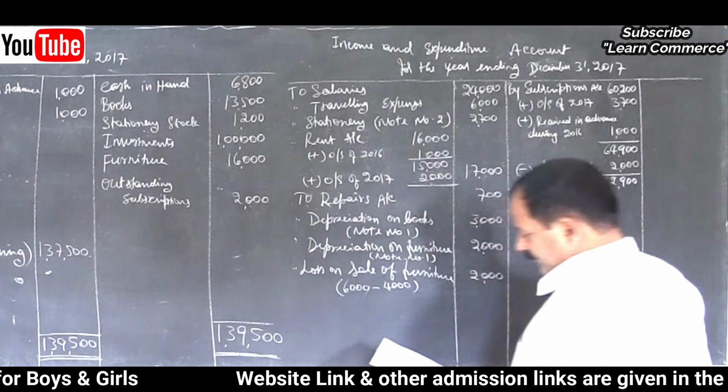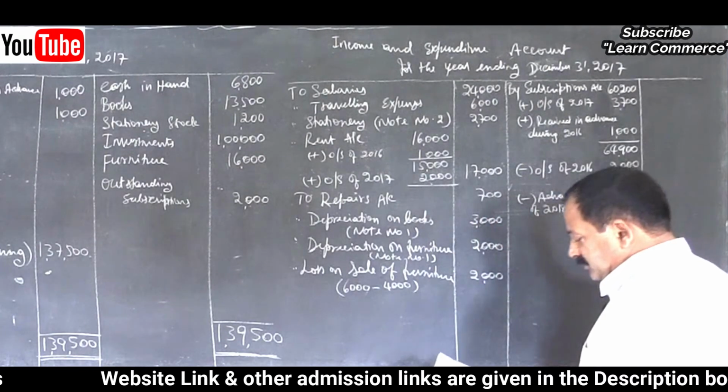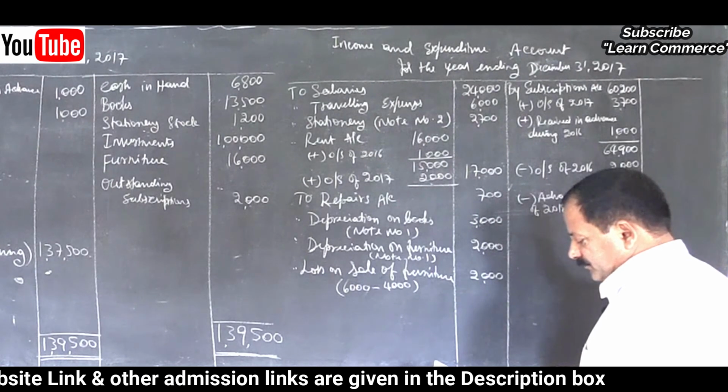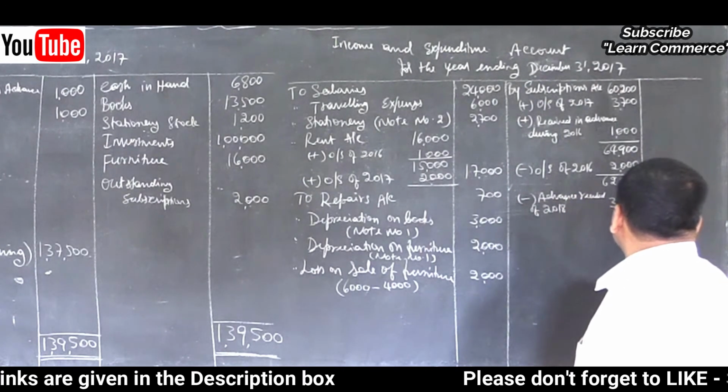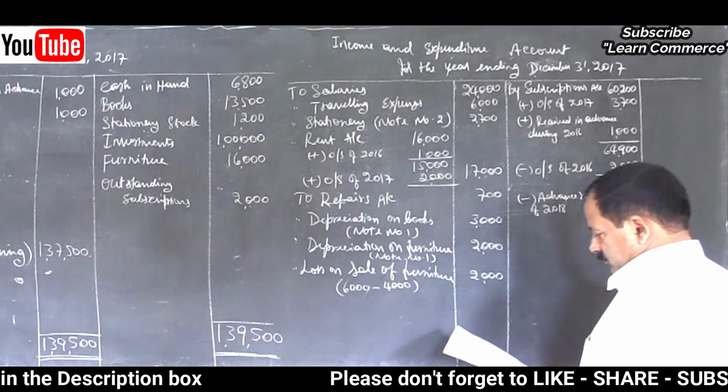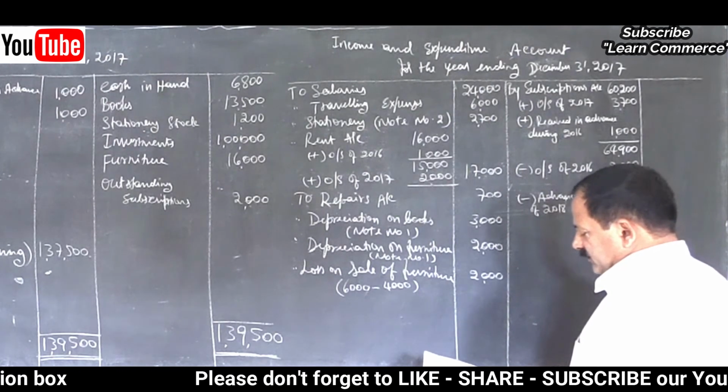How much? Advance received of 2018, 3,200. 59,700.